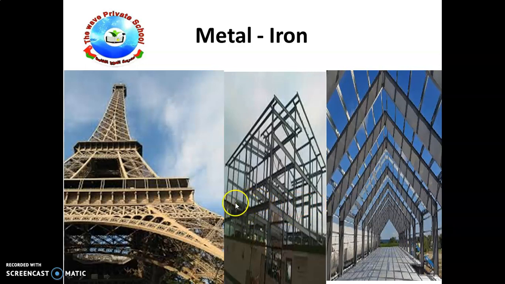We are using iron metal for building materials because iron metal is very strong and also it is a tough metal. It can't be broken easily. So if a material is not broken easily, what is the word we have learned in the keywords?